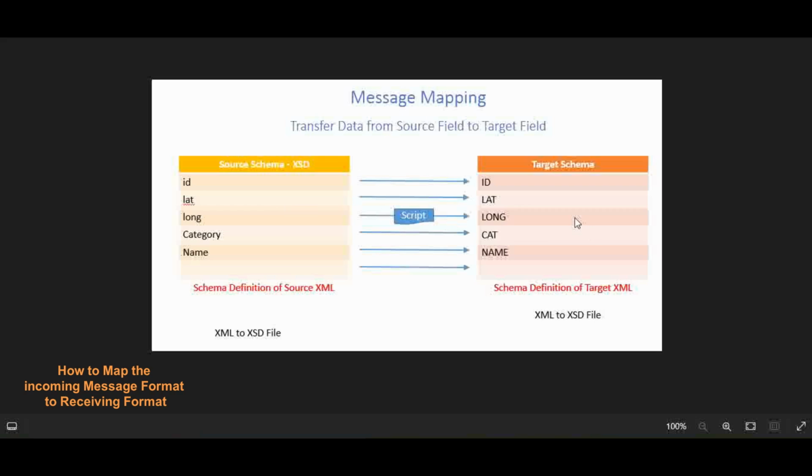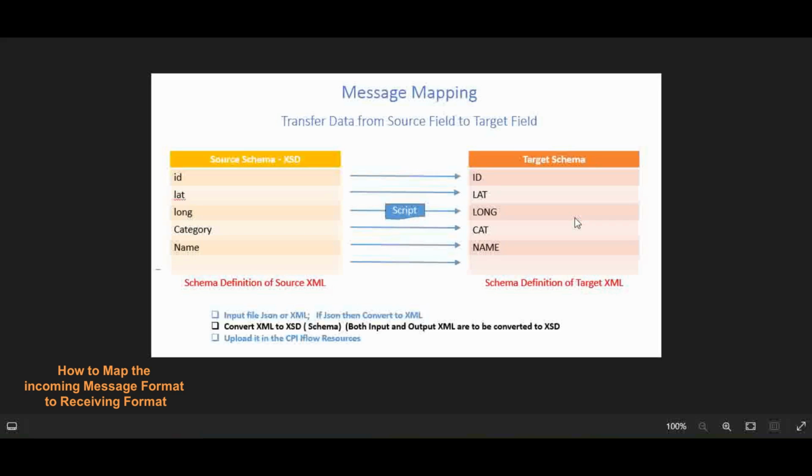Okay, now what are the prerequisites before starting the message mapping? Message mapping works based on a schema, so the input message should be in XML format. If your input is JSON, then you convert the JSON to XML using the XML converter.